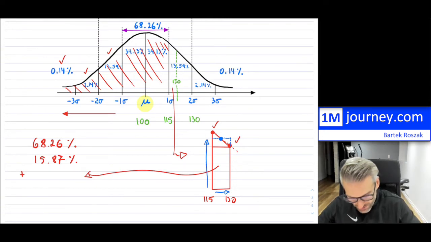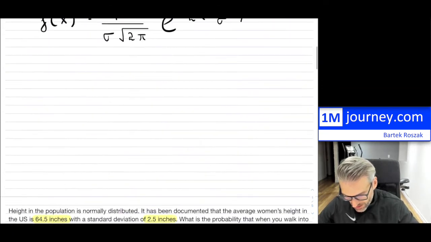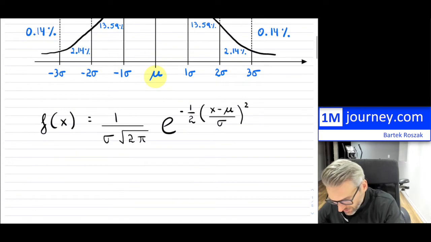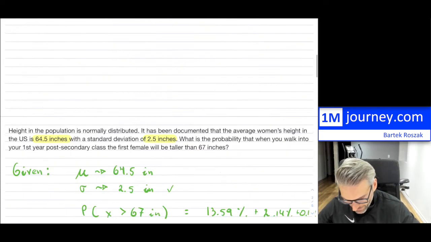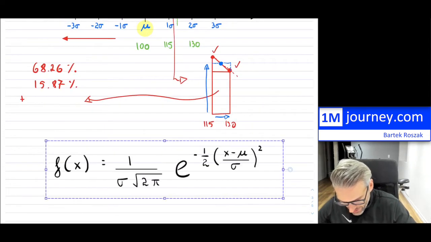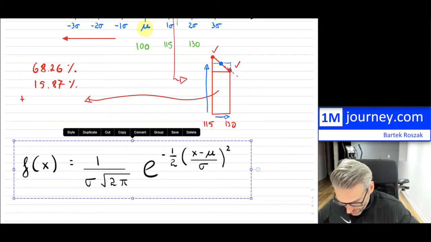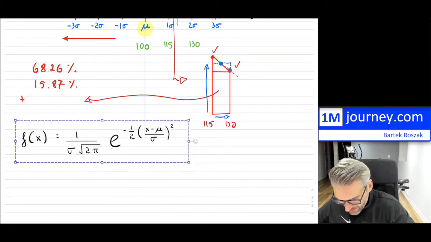Well, the midpoint would have been, so let me copy this down for us. That's the function of the normal distribution, where we know the standard deviation and we know the mean.